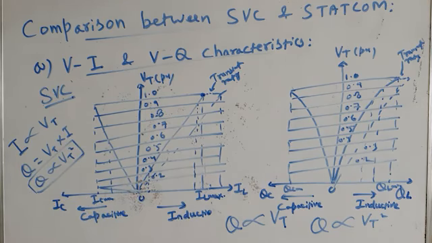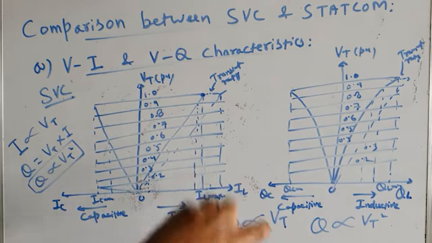Because of this, we can say that STATCOM provides more effective compensation and voltage support under large voltage disturbances. If there is a large drop of the voltage because of some fault, the voltage support provided by STATCOM is higher than that provided by SVC. In case of STATCOM, when the voltage suddenly drops due to some fault, the reactive power exchanged drops linearly with the bus voltage.